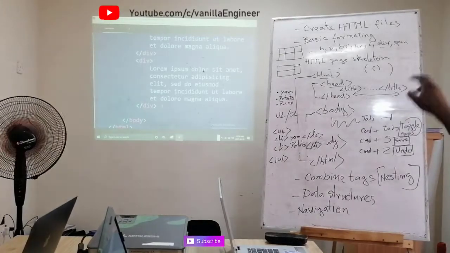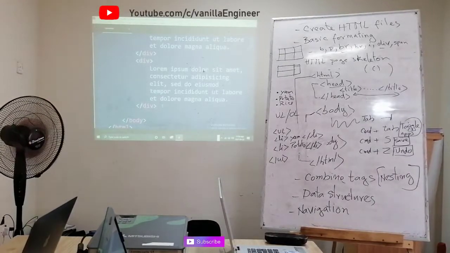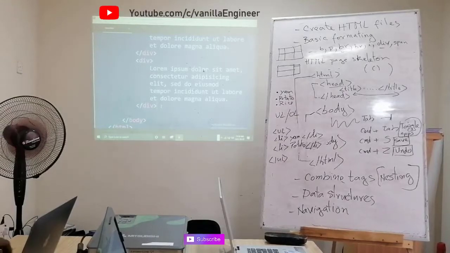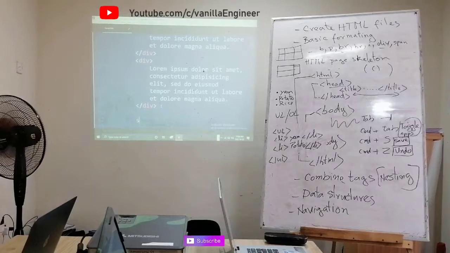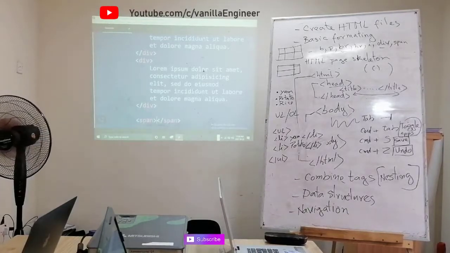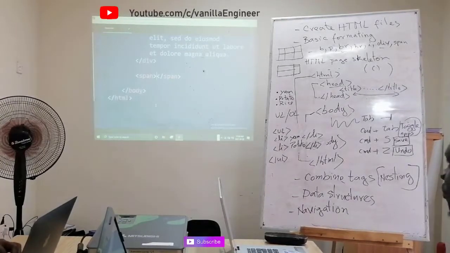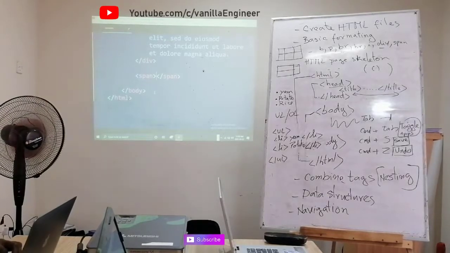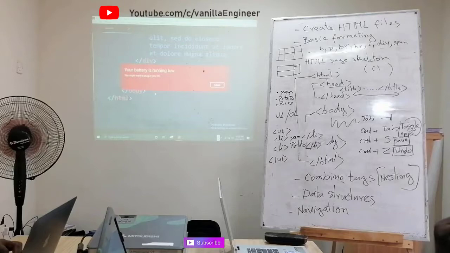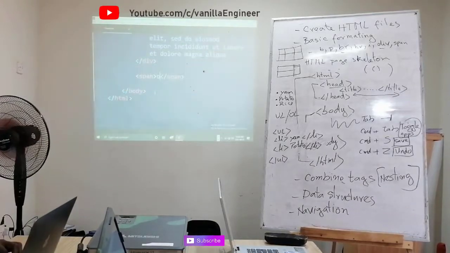Now what of the span tag I mentioned over there? Let's go after the division and write a span tag. It's also an even tag. So we write span, and inside we are going to write, maybe, we love code.